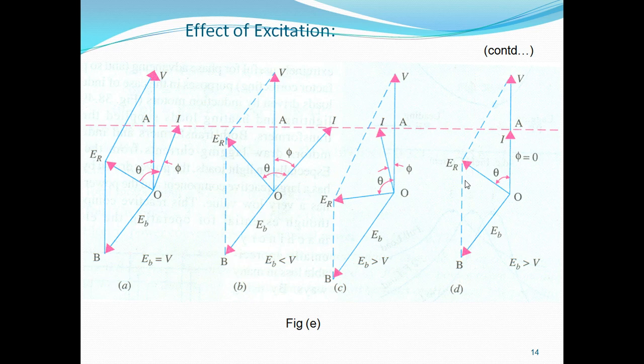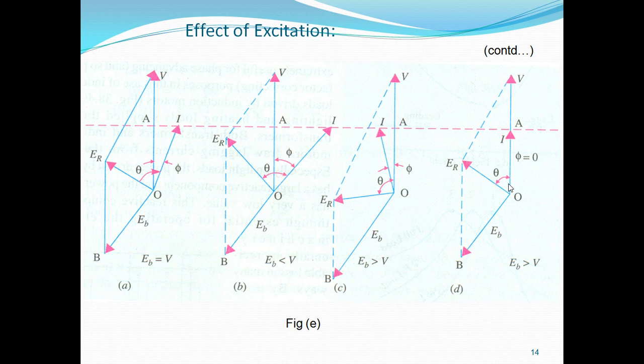It can also be observed that the magnitude of current at normal excitation is minimum. If you see here, in all of these cases A, B, C, D, the armature current is minimum here, in D. This is the minimum current we have.